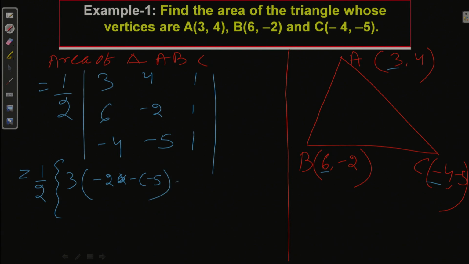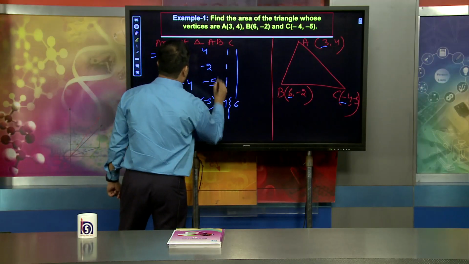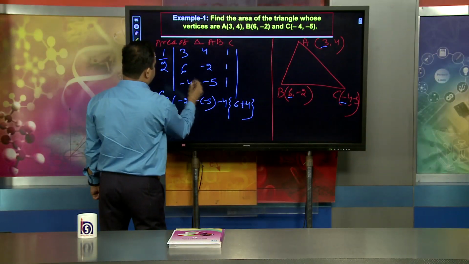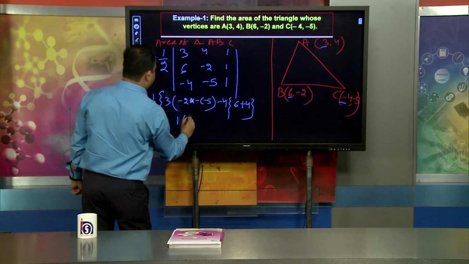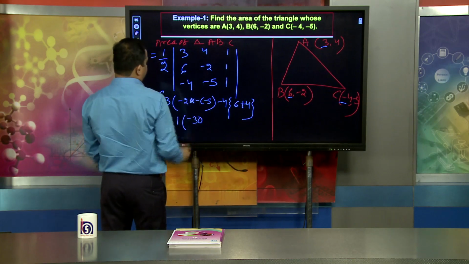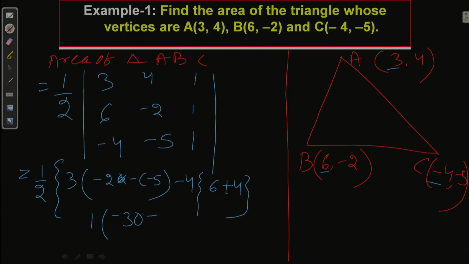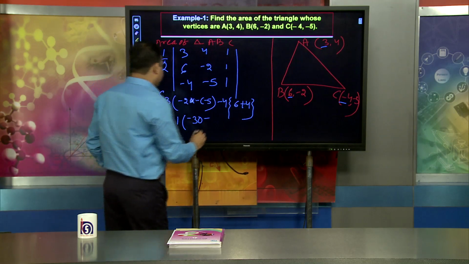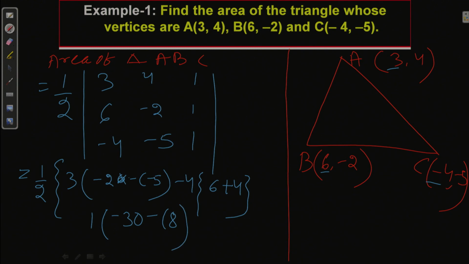Then minus 4 into 6 minus of minus 4, that is 6 plus 4. And 1 multiplied with 6 into minus 5, that will be minus 30, and minus 4 into minus 4 minus 2, that will be plus 8, and minus of 8.